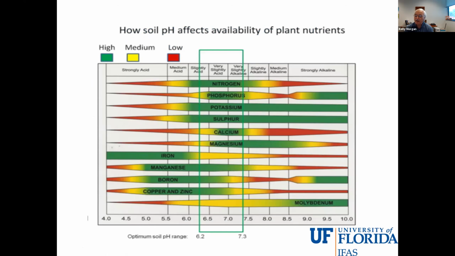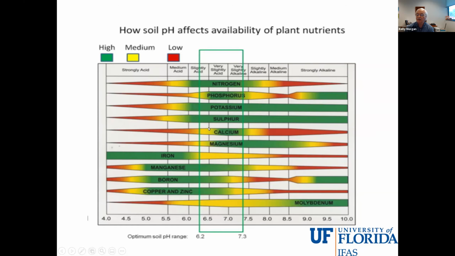The other reaction that happens as far as nutrients are concerned with pH is the availability of micronutrients. We've talked about macronutrients so far: nitrogen, phosphorus, potassium, not so much pH related, or sulfur, but calcium and to a lesser degree magnesium are more available in this mid-6 to 7 range.